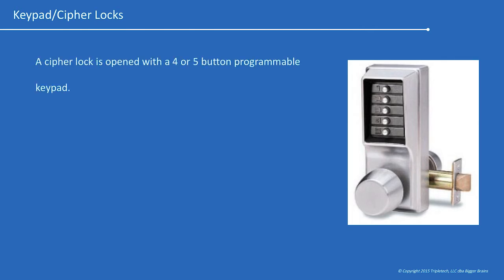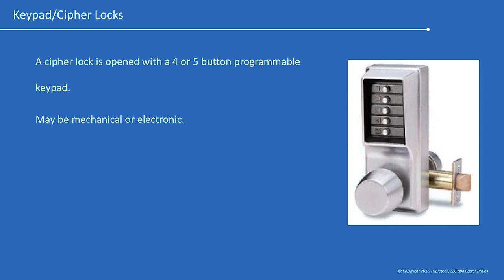It's traditionally a 4 or 5 button programmable keypad. Most of them, at least historically, have not been electronic, and most of them are not centrally managed. Basically, it's a lock mechanism that's configured for a code. The code could be 1 to 5 digits, and anyone who knows the code can get access to the room. Now, historically, these have been mechanical. They are moving to more electronic, but they're still rarely centrally managed. They're usually an individual device.